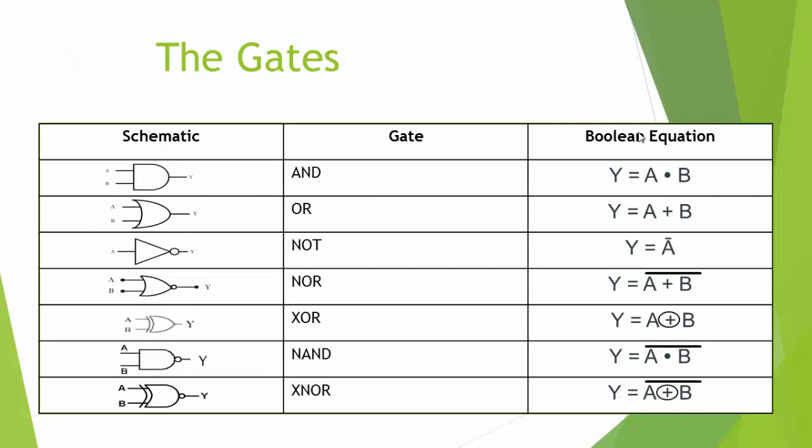So we can construct circuits that will allow us to examine the signal, the inputs at A and B, and then create an output that matches Boolean logic. So an AND gate would have Y be high only if A and B were high.